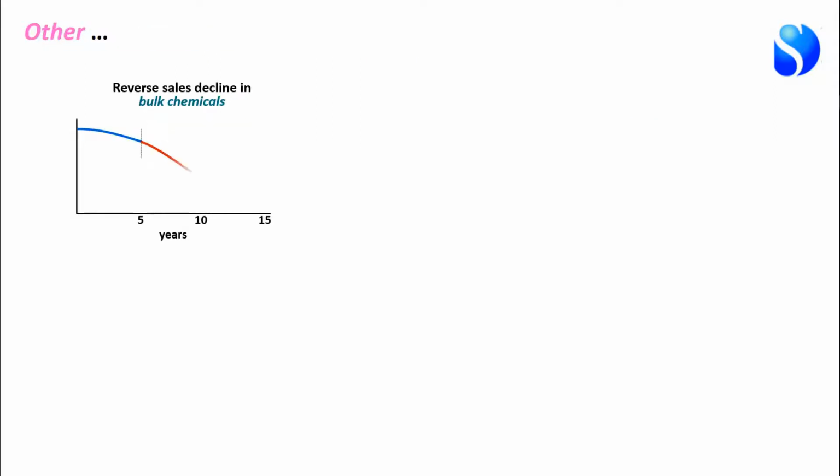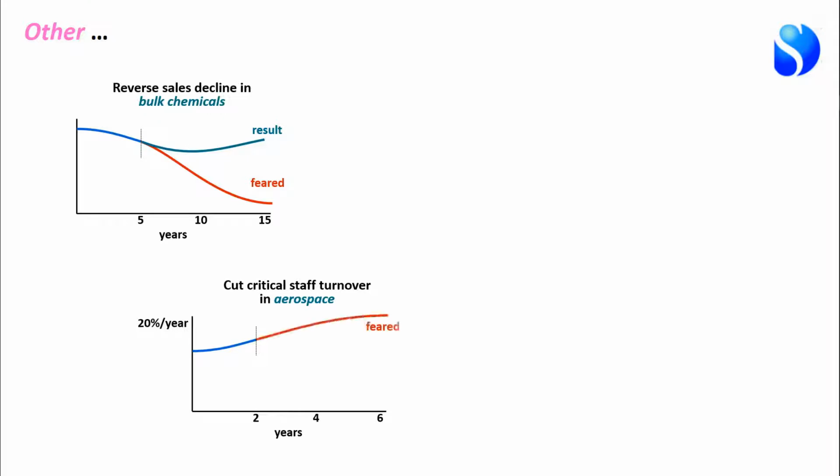Here's another case. This is in the bulk chemicals industry, facing a serious sales decline because of a rather troublesome competitor they were dealing with. But there was a way that we were able to turn that sales decline around and get it to grow again. This is a function-specific challenge. This is an aerospace business losing some of their top technical specialists to the finance industry, and this kind of level of turnover is very damaging to a company of this kind.